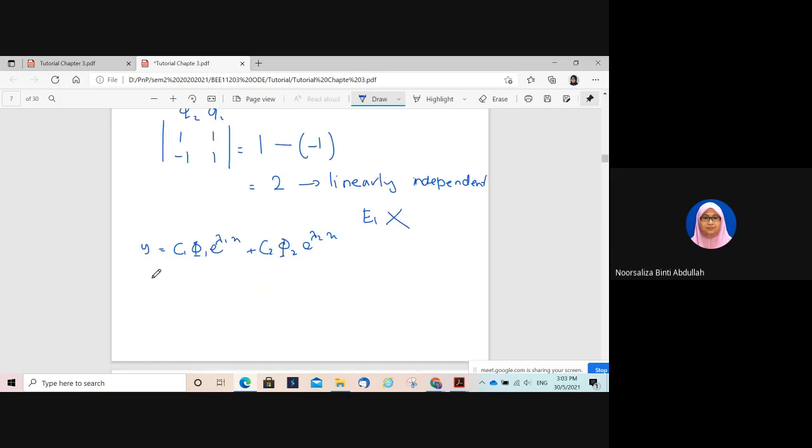So now we have y, which is y1, y2, equals to C1 eigenvector 1, 1, minus 1, exponent minus 4x, plus C2 eigenvector 2, 1, 1, exponent minus 2x. Okay, up to this solution.